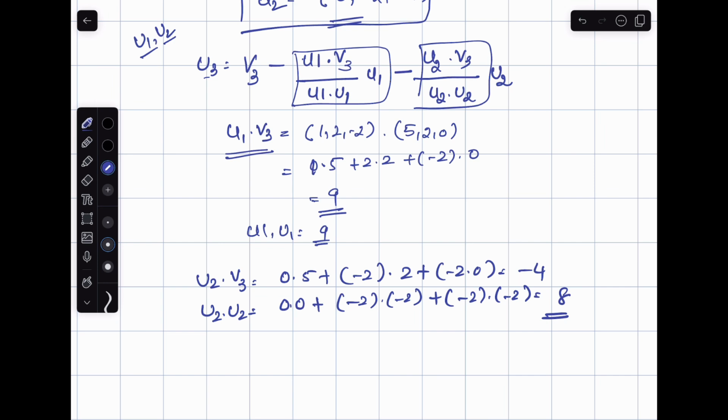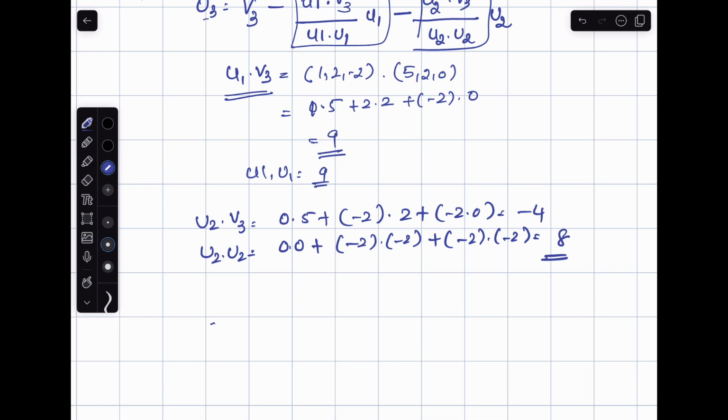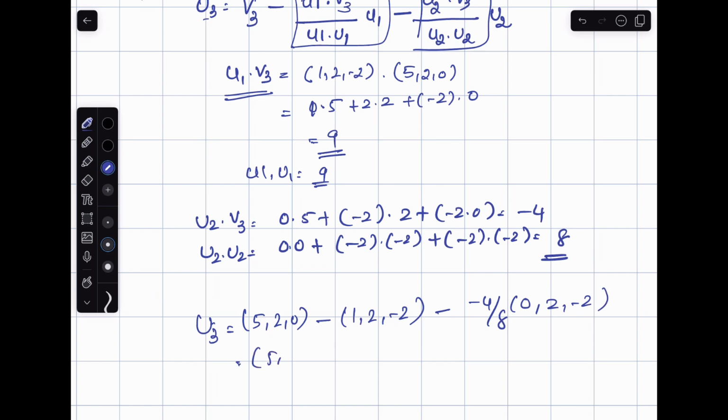So u3 is equal to (5, 2, 0) minus 9 by 9, so let's skip that and just write u1, which is (1, 2, minus 2), minus 4 by 8 of (0, minus 2, minus 2).